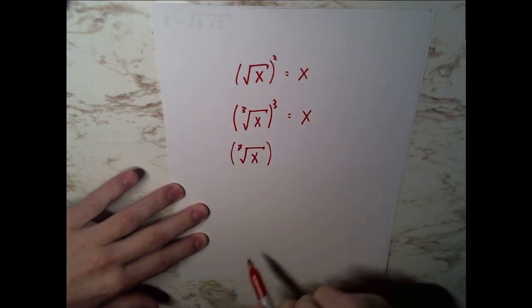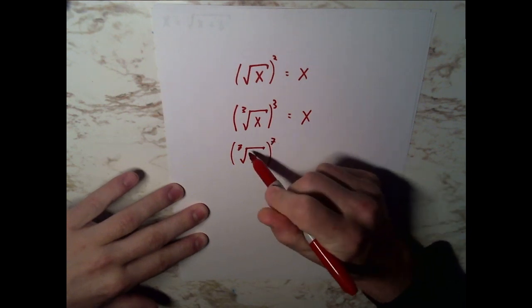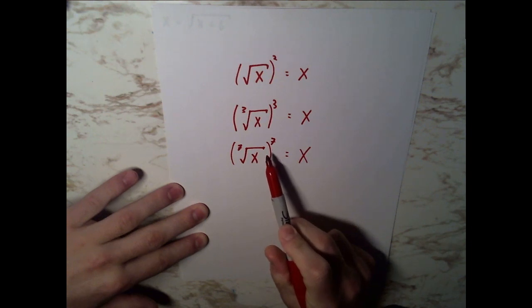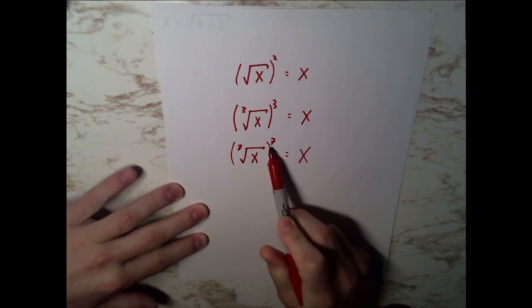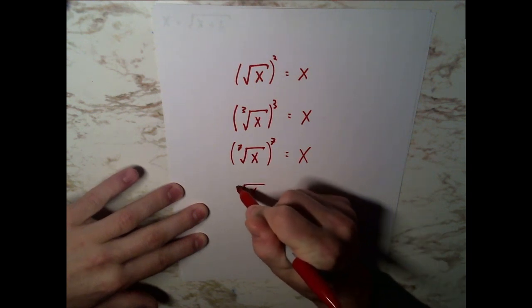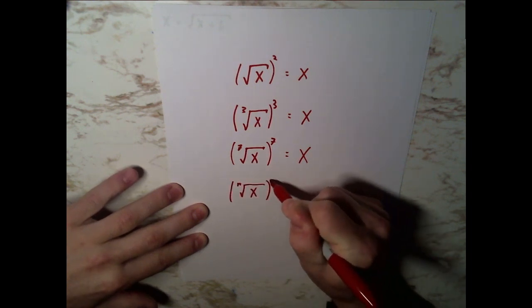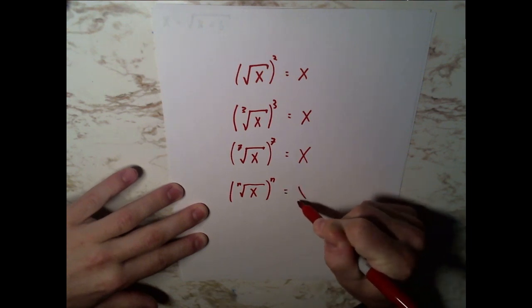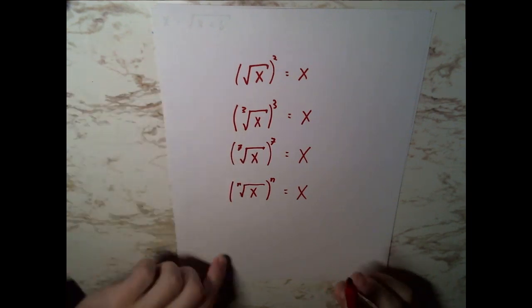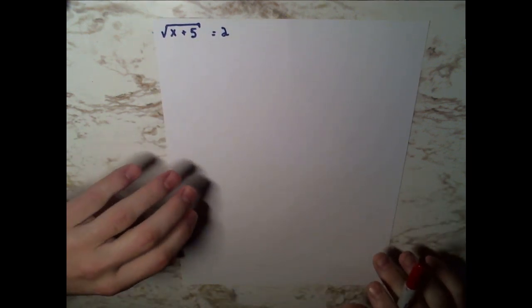And you can probably tell that whatever number you have, you just have to take a seventh root to the seventh power, or the nth root to the nth power, and you'll just end up with x. So we'll see how this plays out when we're solving these equations. So we'll do this nice simple example first, and hopefully it'll make sense.